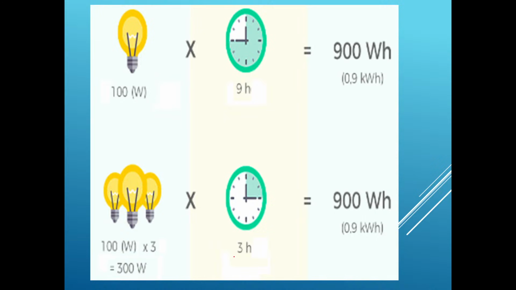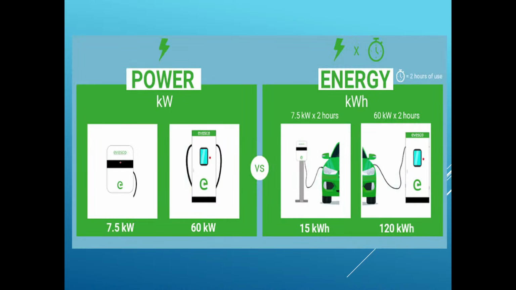I have one more example. See here, these are electric vehicle chargers. This electric vehicle charger rating is 7.5 kilowatts, and this other electric vehicle charger's power rating is 60 kilowatts. Kilowatts is the power consumed.